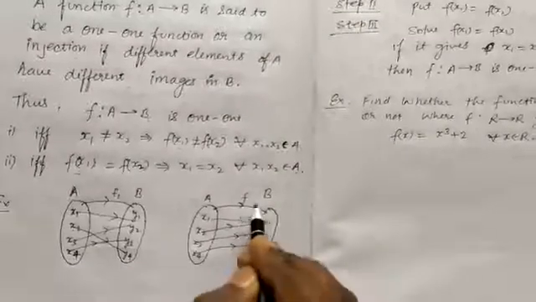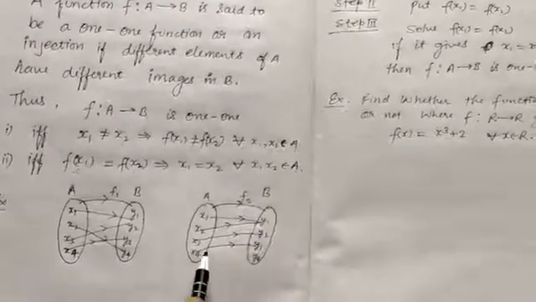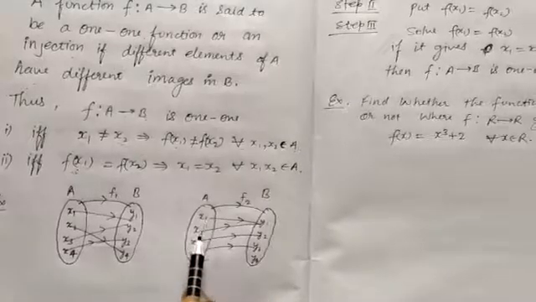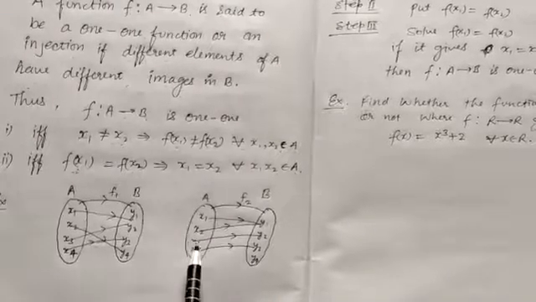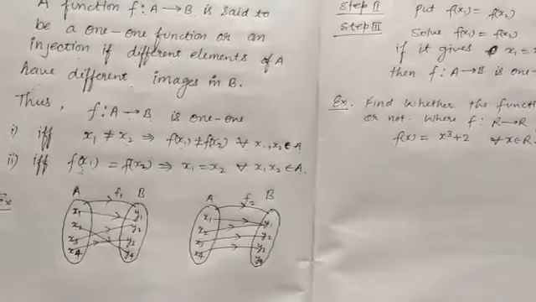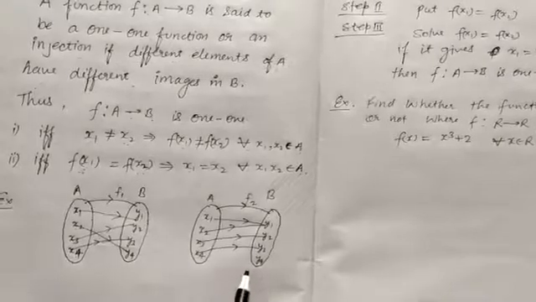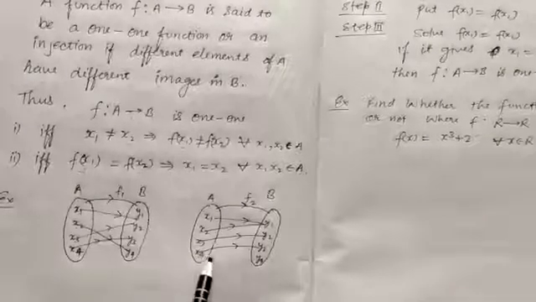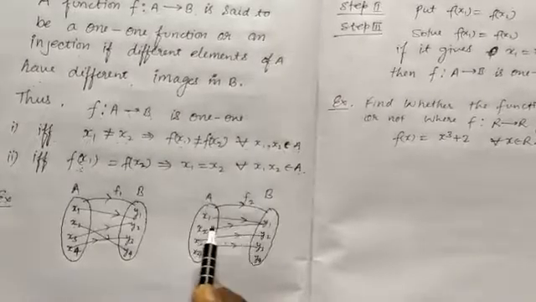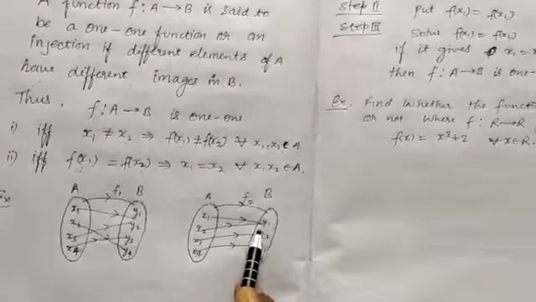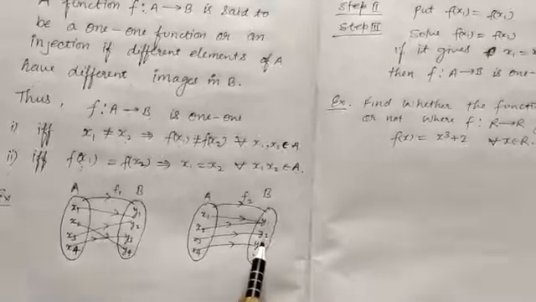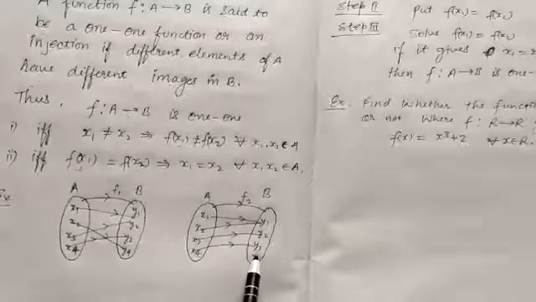Here f2 is another function from set A to set B. x1, x2, x3, x4 are the elements of set A, and y1, y2, y3, y4 are the elements of set B. x1 is associated with y1, x2 is associated with y1, x3 is associated with y2, x4 is associated with y3.